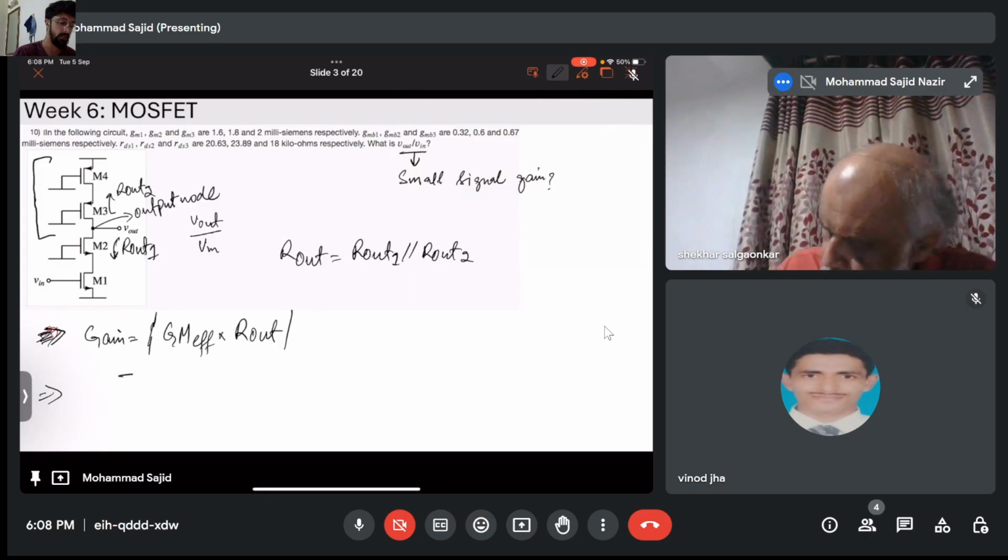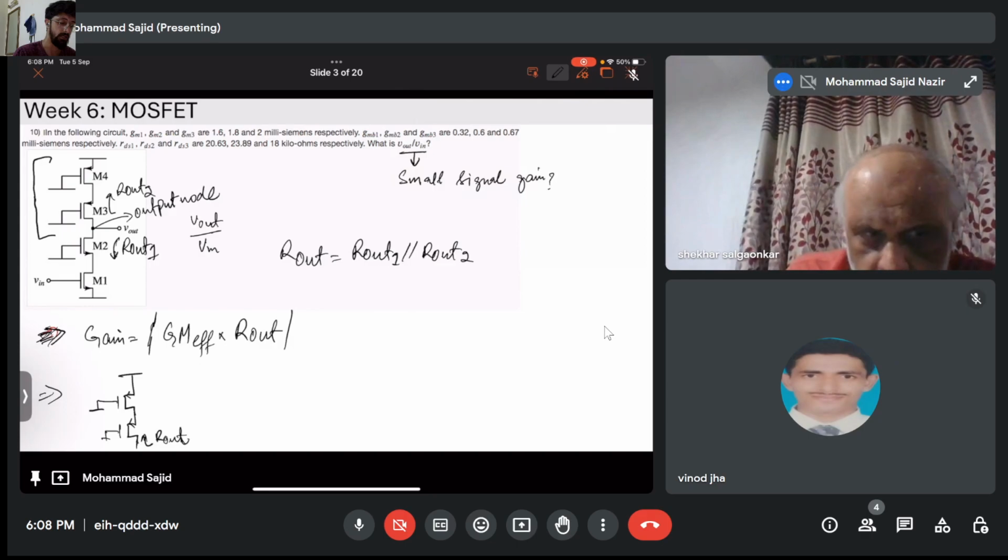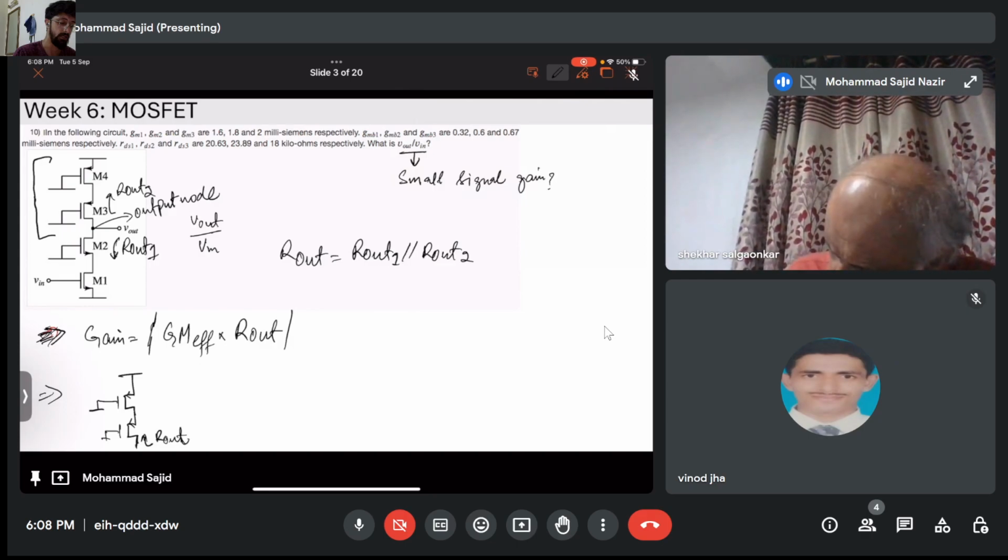Okay, so these are two PMOS transistors, and we need to calculate this resistance. What are we looking into here? This is source, right?